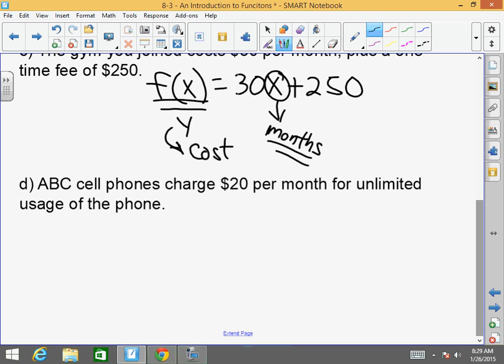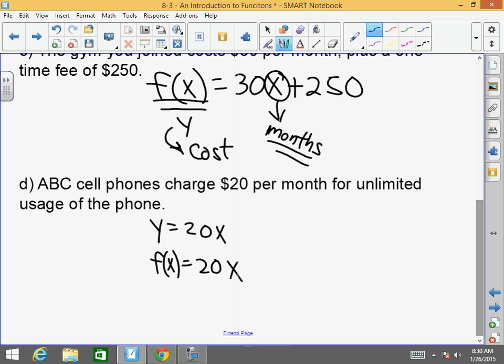Okay, ABC cell phones charges $20 per month for unlimited usage of phone. So I could put y equals 20x or f of x. Remember, when we're talking about functions, a lot of times they like to use f of x. Remember that f of x just stands for function f with independent variable x.